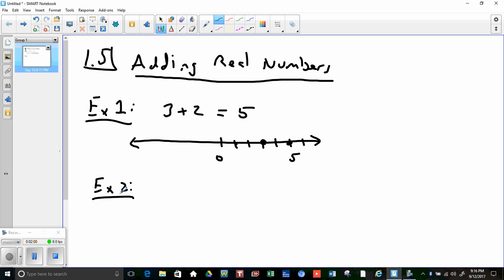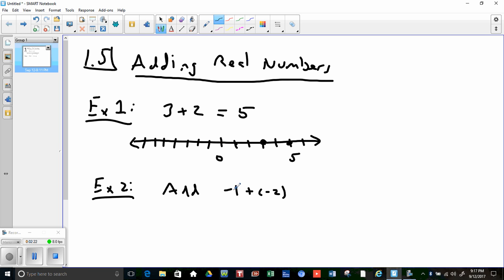So now let's take it a different direction. We want to add -1 plus -2. All right, well, let's use our number line, because when people start doing stuff with negative numbers, it starts to become a little more challenging.